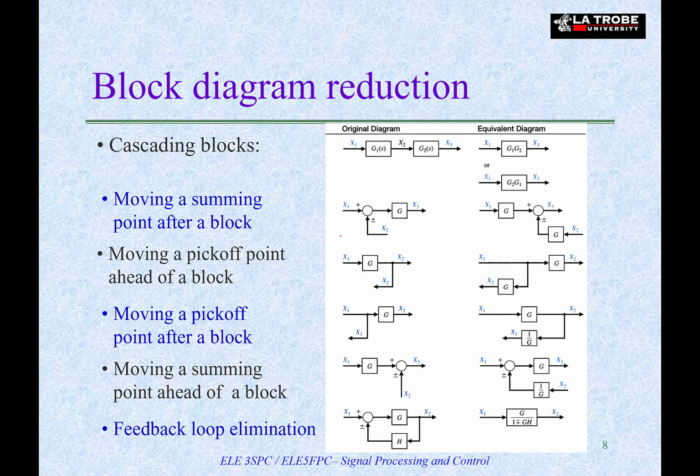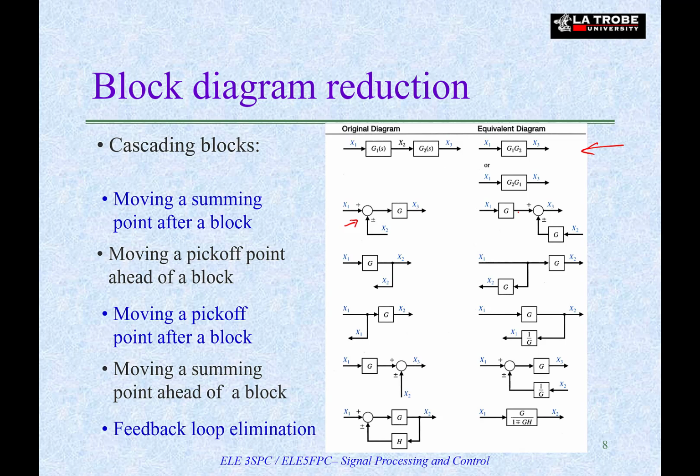We can see that if we have cascading blocks, we can just multiply them together. And then if we have a summing point here, we can move it after the block G. And the rest, you can look at them by yourself.